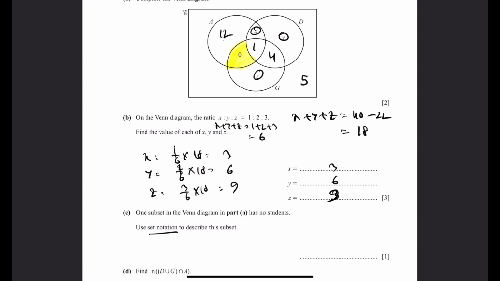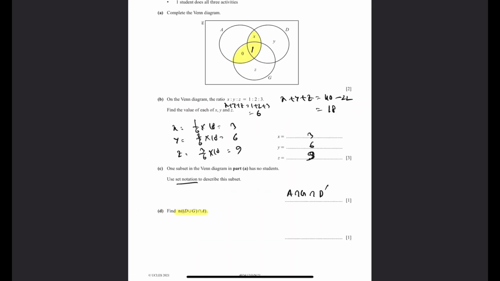We can write that as A intersection G, and we must exclude intersection of D prime. I think that will be the best answer. x plus 1 plus 0, that means x plus 1.